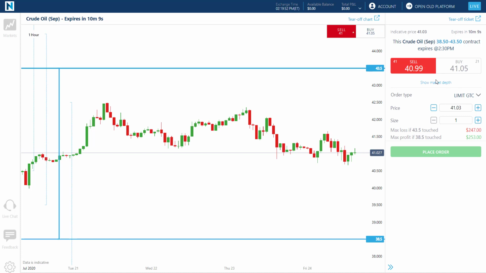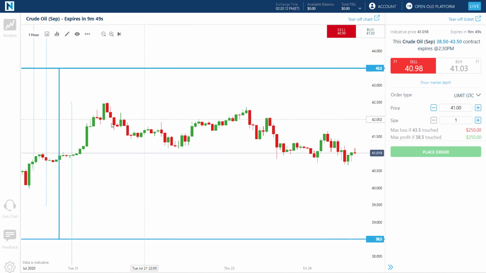Those are the levels where you could either buy or sell the knockout. Essentially, when trading knockouts, you predict whether the price of oil is going to rise or decline, and you have distinct knockout levels to either take profits if you're right or limit losses if you're wrong.